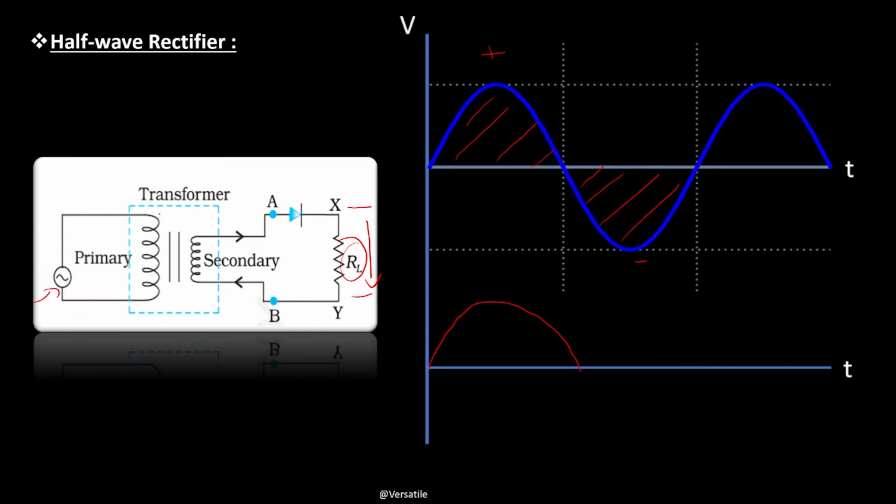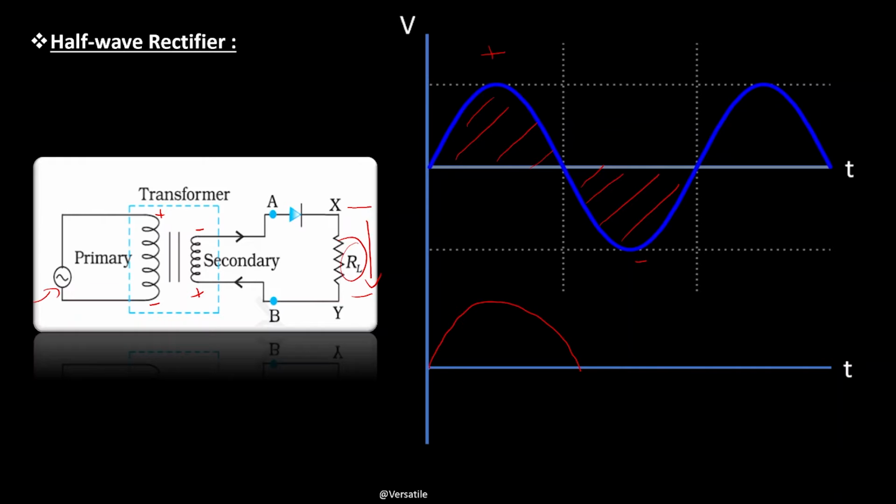And during the negative half of the AC input cycle, the polarity changes. Let's say now this side becomes positive, this side becomes negative, and according to Lenz's law, this will become negative and this will become positive, which means that the diode is reverse biased, and we know that in reverse bias condition the diode will not conduct, and hence no current will flow through the load resistor RL.